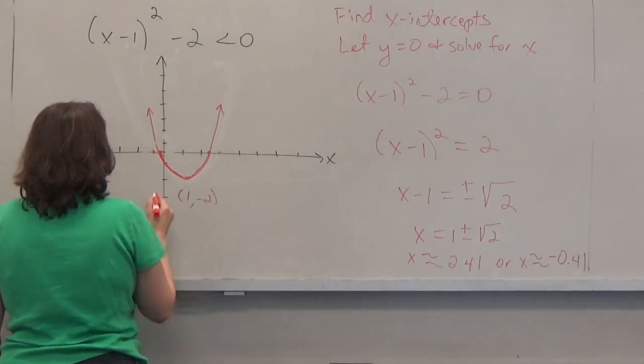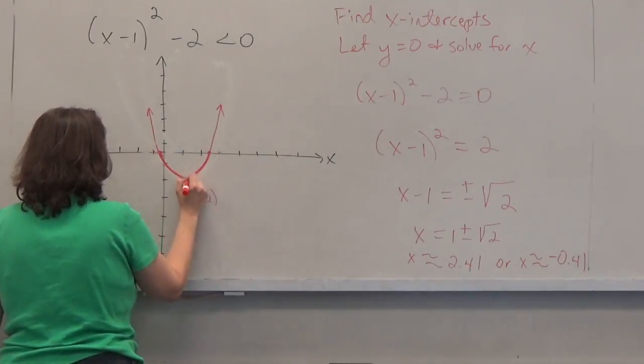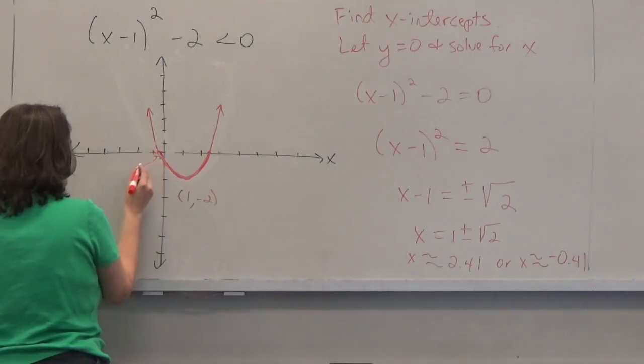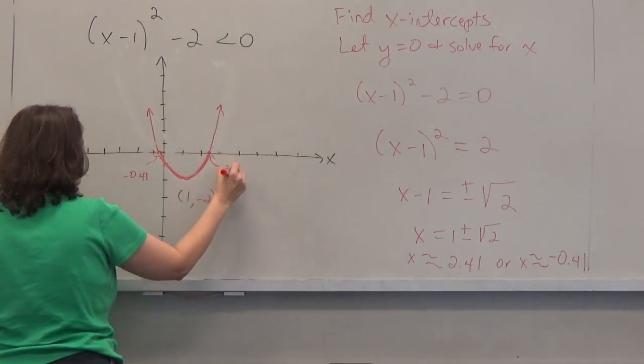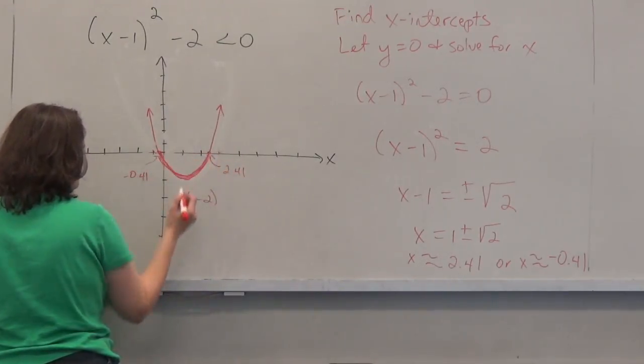I know that the answer is when the graph is dipping below the x-axis, so it's all the x values from negative 0.41 up to positive 2.41. So I'm going to give that as an interval.